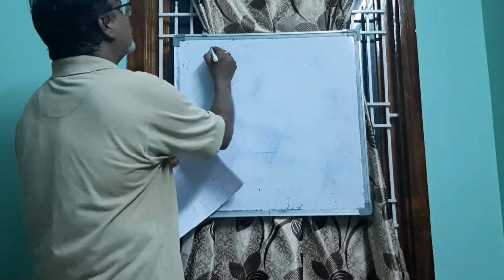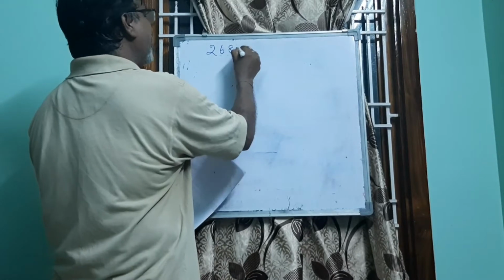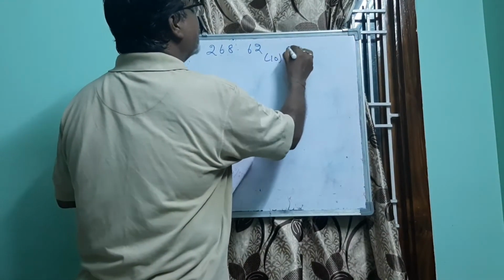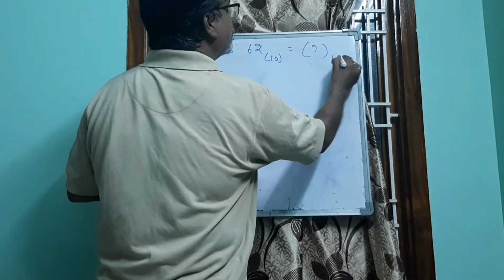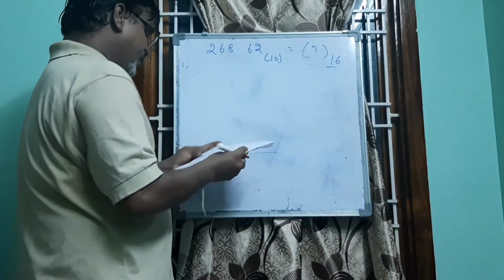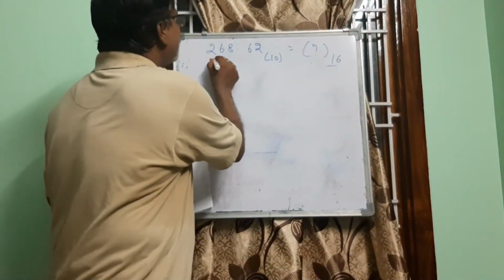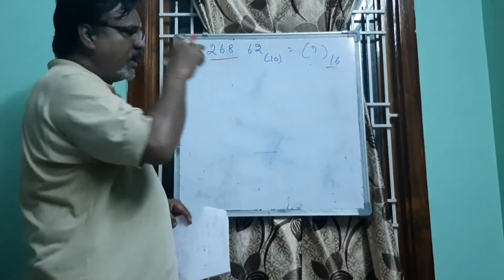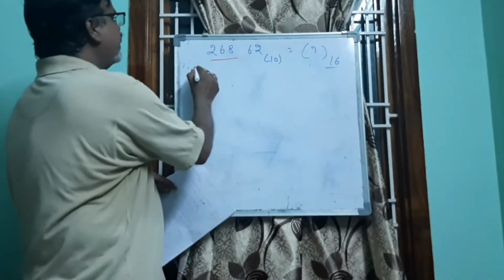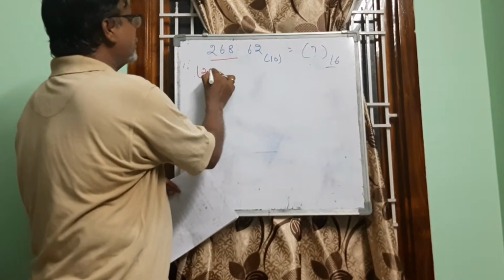So you take 268.62 base 10. So first 268. Converting 268 base 10 to hexadecimal, you have to divide with 16.